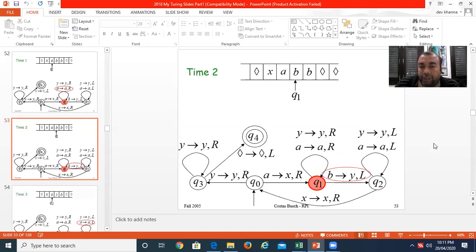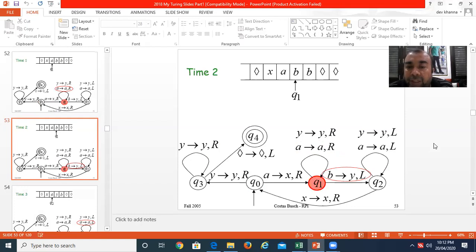Now B. This is the first B, because after completion of A's, if you meet B, this is the first B. But if you meet Y, it means some B's are converted into Y. Can you imagine this scenario?